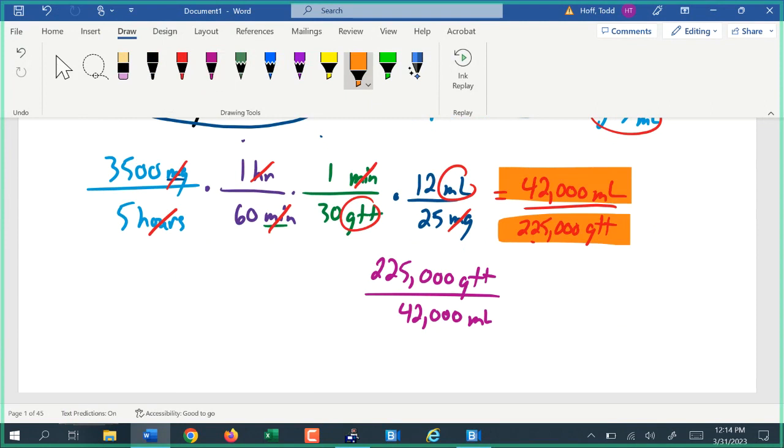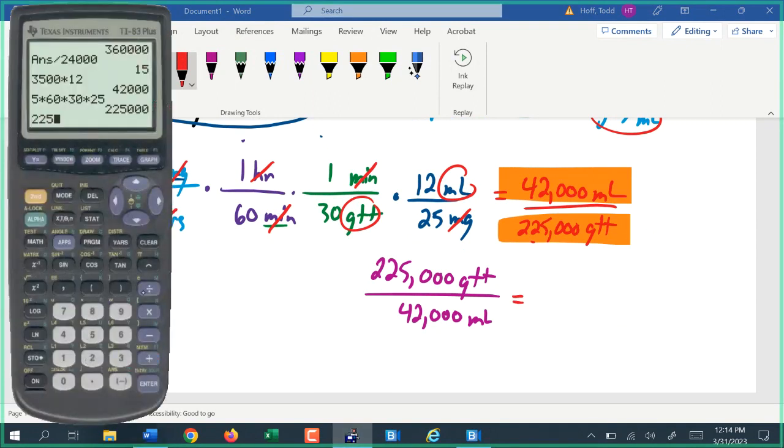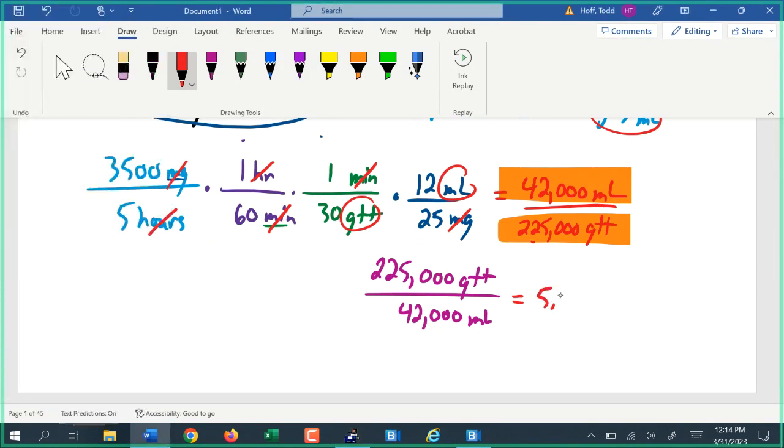So we'll go ahead and divide this out. 225,000 divided by 42,000 gives us 5.36 drops per milliliter. So that one may not have come out nice and neat, but it works.